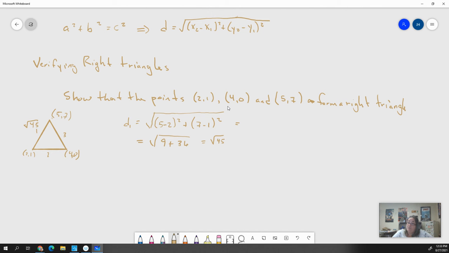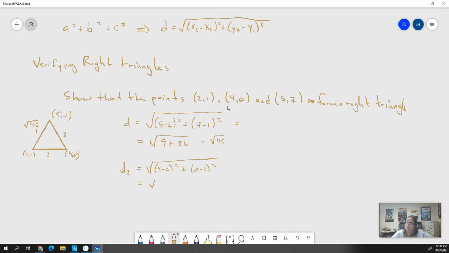For D2, we're going to use these 2 points. This distance 2 between these 2 points, it doesn't matter which one I call x1 or x2, as long as I'm consistent. If I'm going to make this x1, y1, this one has to be x2, y2. So I'm going to go 4 minus 2 squared plus 0 minus 1 squared. 4 minus 2 is just 2.